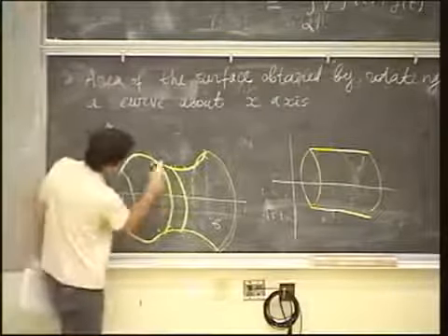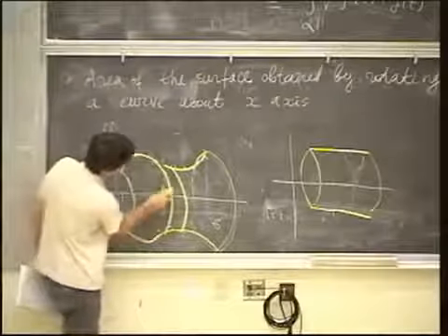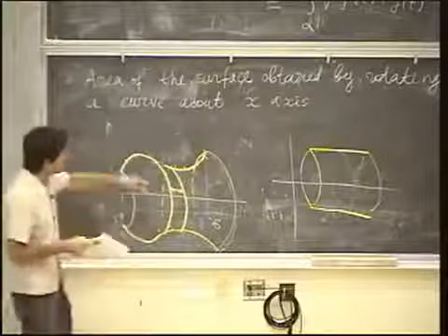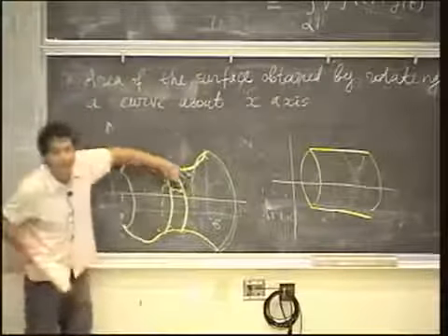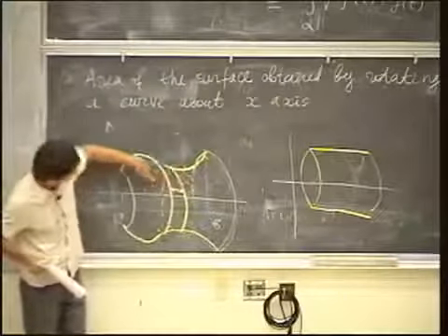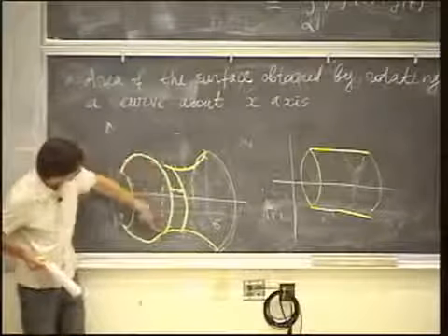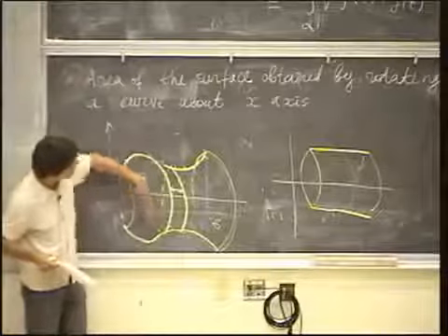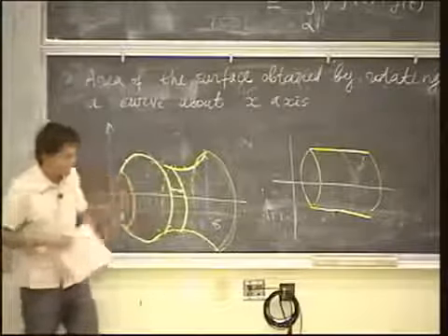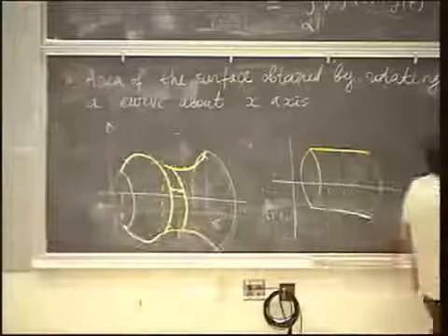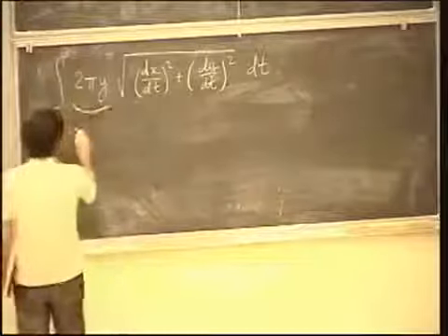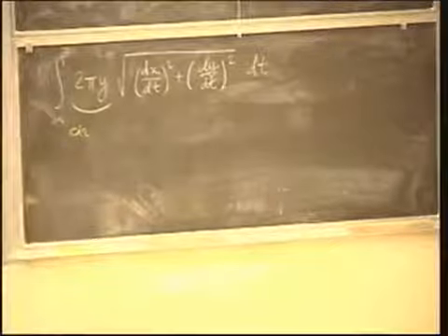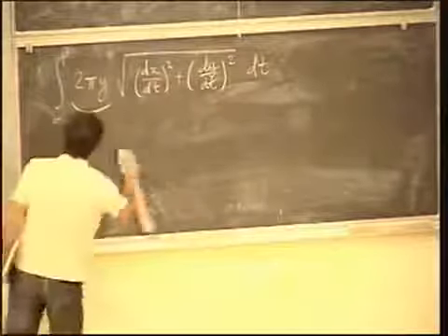And so I will approximate the area of the cylinder by taking the product of the arc length of this curve, in other words, the height of the cylinder, and 2 pi times the radius of the circle, which is the circumference of the circle as we discussed last time, right? So this part comes from the circumference of the circle.